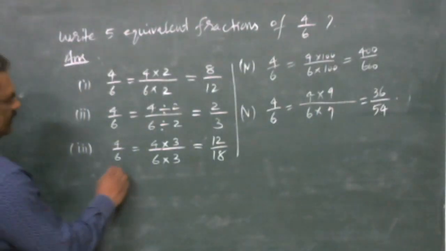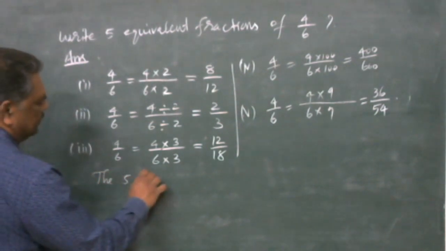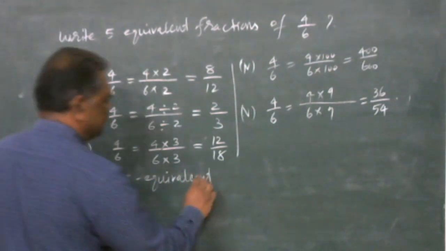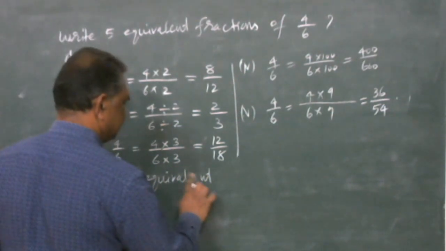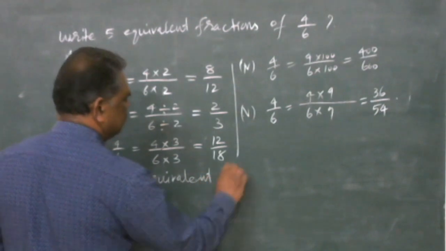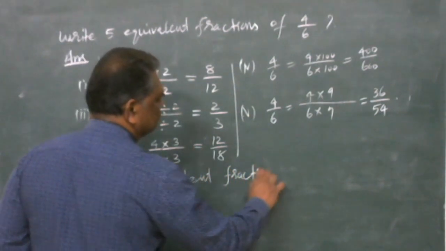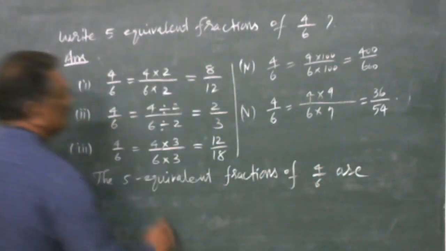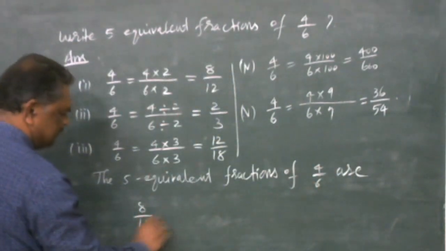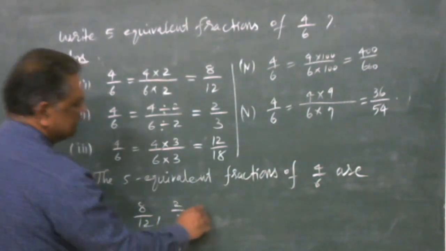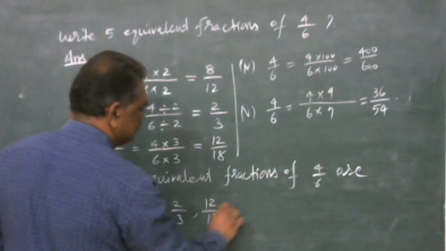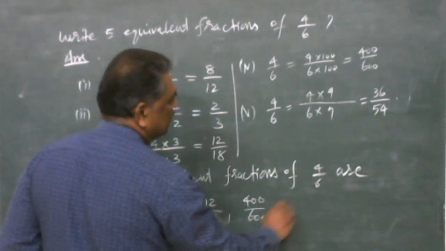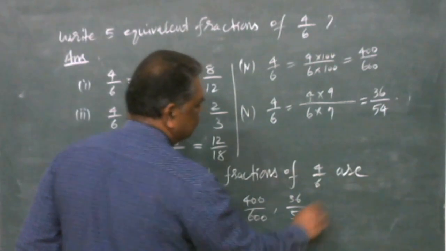So the 5 equivalent fractions of 4 by 6 are: first 8 by 12 is also equivalent, 2 by 3 is also equivalent, 12 by 18 is also one and the same, 400 by 600 is also same, 36 by 54 is also same.